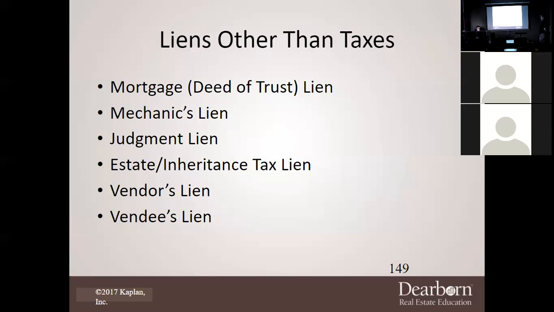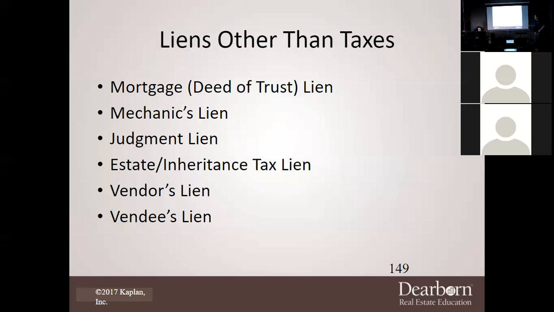Guess what happens? I take that judgment lien and do what? I file that judgment lien where? With the county on that property, and I can try to take it. Okay. Now, if I file a judgment and he tries to sell his property, I may not force the sale, but the minute he sells his property, what happens? I get paid. Okay. There also can be an estate inheritance tax lien.